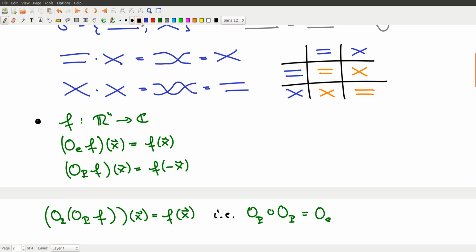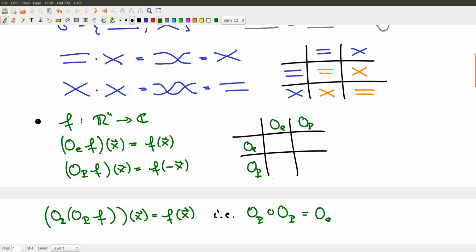And now we can draw the group table again. So our group elements are O_E, O_P, O_E, O_P, and we get O_E, O_P, O_P, and O_E. Same group table as above, but now the entries are not numbers, not diagrams, not some abstract things, but in this case linear operators acting on some vector space here.